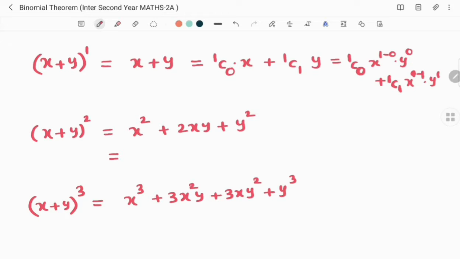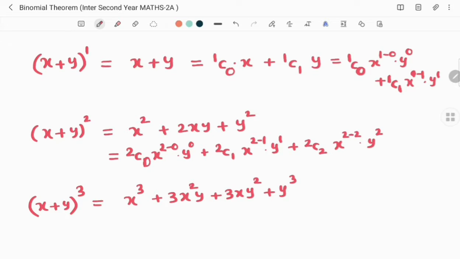So 2c0 x power 2 minus 0 into y power 0 plus 2c1 x power 2 minus 1 into y power 1 plus 2c2 x power 2 minus 2 y power 2. Both have the same meaning.